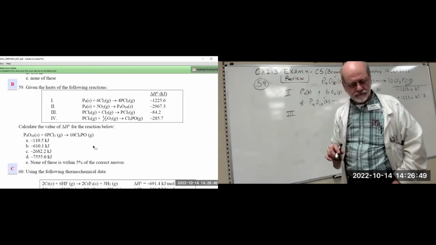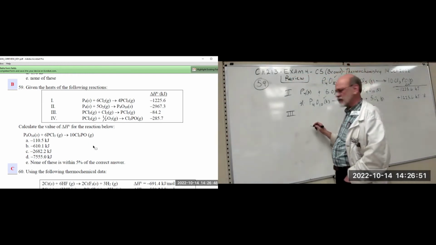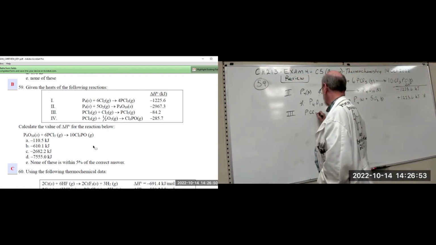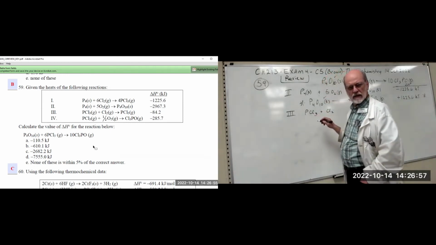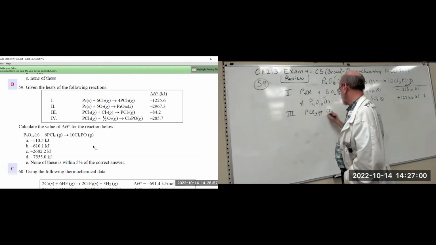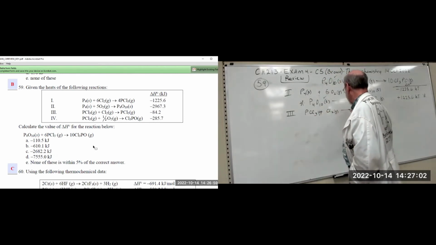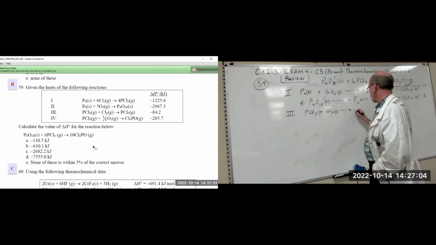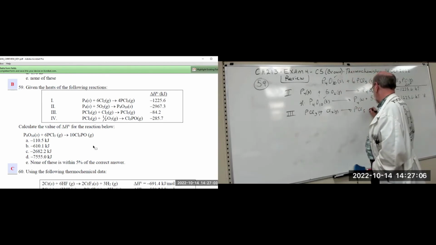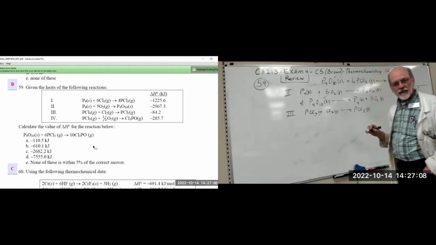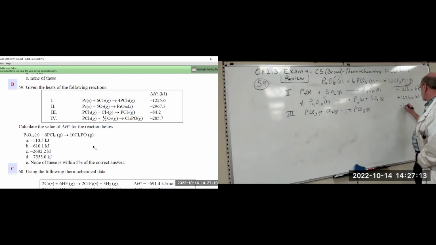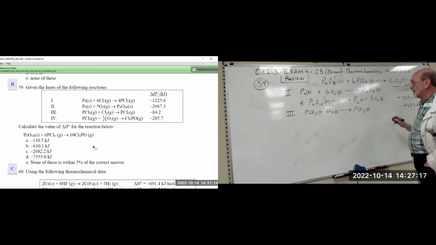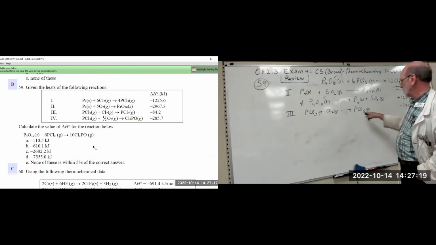And it goes PCl3 plus Cl2, and those are gases, yields PCl5 gas. And the enthalpy change for that is minus 2967.3 kilojoules.